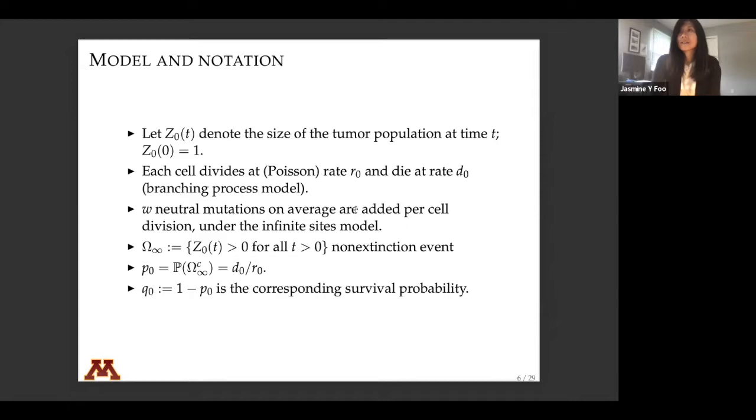Each time a cell divides, a random number of neutral mutations accumulates in each daughter cell with mean W. We assume only that this random number of mutations is non-negative and integer valued with a finite mean W. Omega infinity is the event of non-extinction, as defined here, and P0 is the probability of extinction given by D0 over R0, and Q0 is the complementary survival probability.